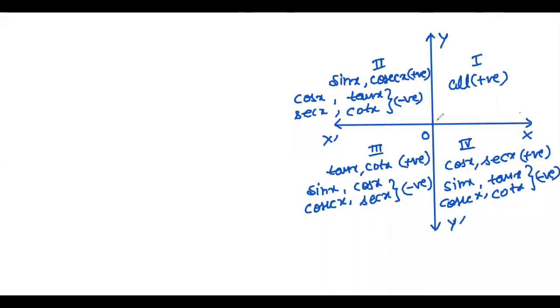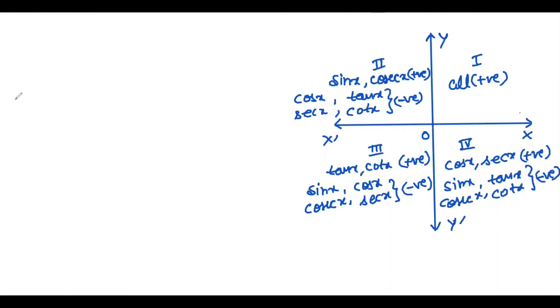So here I have drawn first quadrant all positive, second quadrant sin and cosec positive, cos, sec, tan and cot all negative. Third quadrant tan x, cot x positive, then sin x, cosec x, cos x and sec x negative, and the fourth quadrant cos x, sec x positive, sin x, cosec x, tan x and cot x negative. Now we have to remember it.